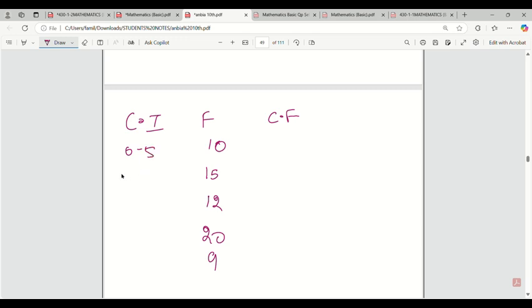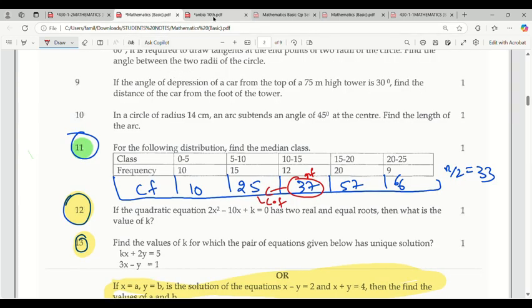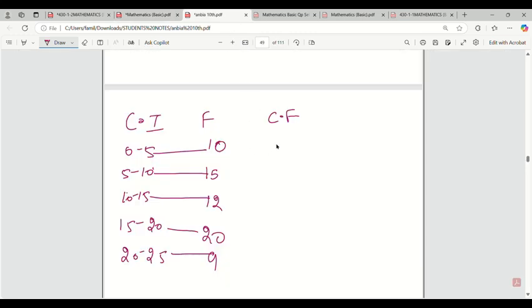The class intervals are 0 to 5, 5 to 10, 10 to 15, 15 to 20, 20 to 25.